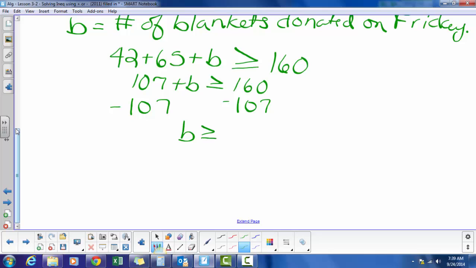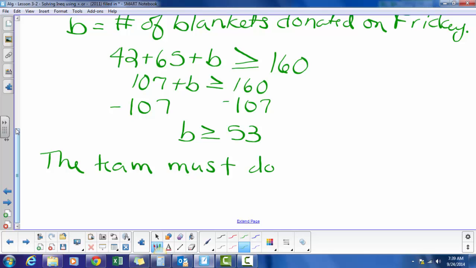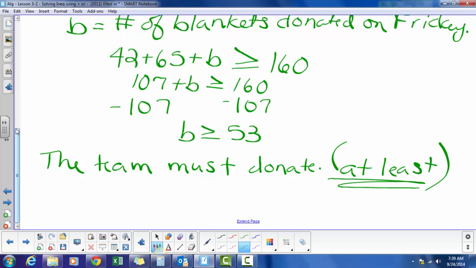B is greater than or equal to 53. So the team must donate, use that word at least again, at least 53 blankets.